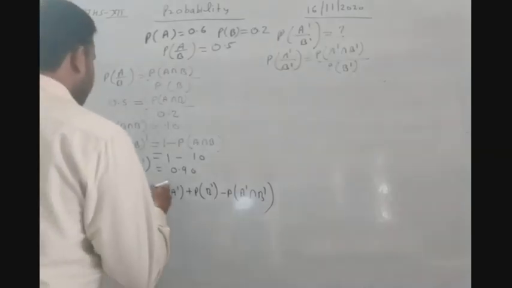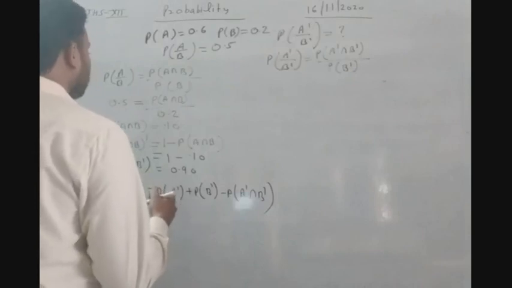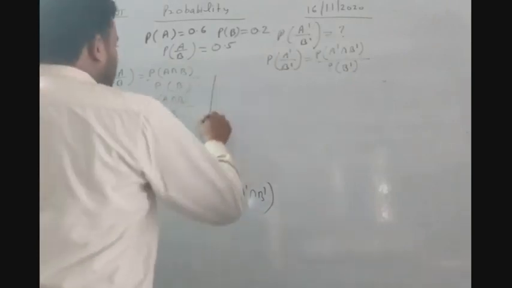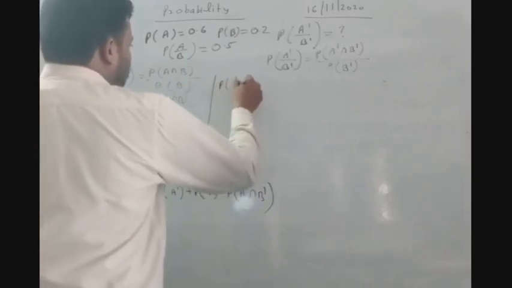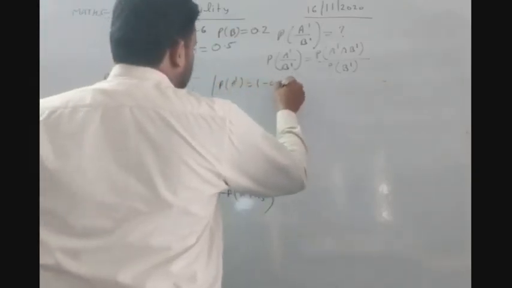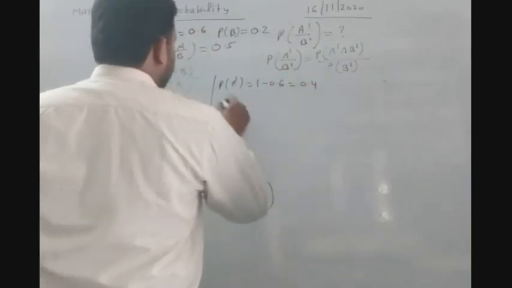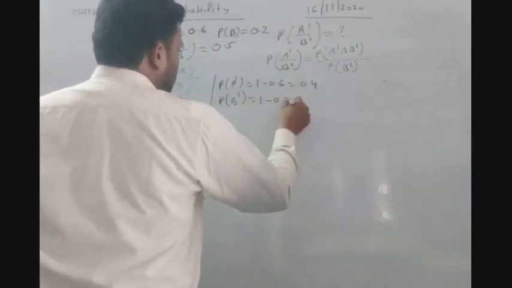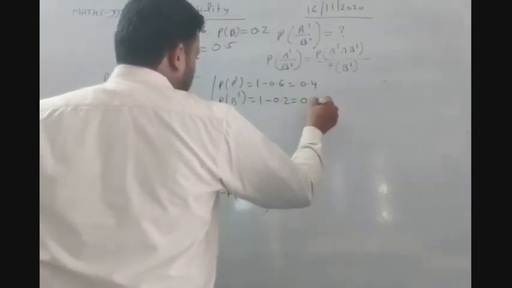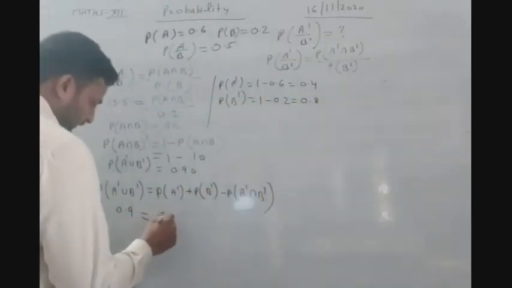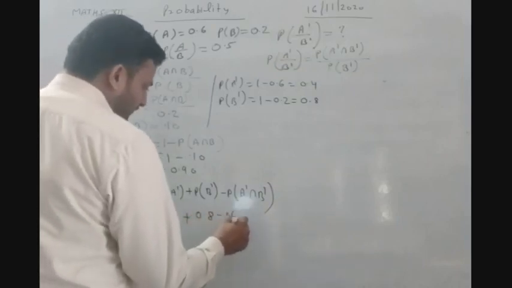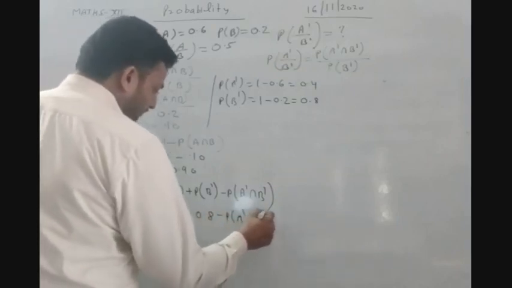Probability of A dash is not given, so we will find it out. Probability of A dash is 1 minus 0.6, that is 0.4. Probability of B dash is 1 minus 0.2, that is 0.8. So we write 0.4 plus 0.8 minus probability of A dash intersection B dash.